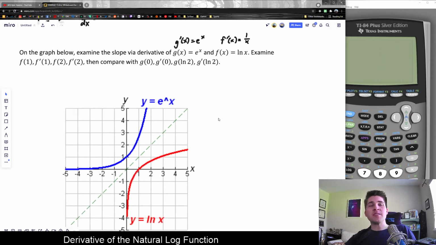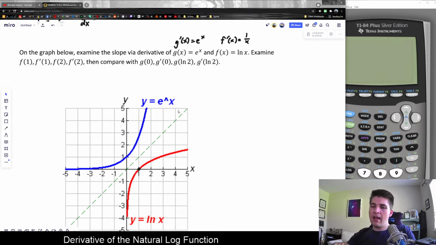What I wanted to explore is, let's say we were looking at functions and their derivatives and their values. So let's say we're looking at f of 1 or f of 0 and so forth. With f of 1, that would be the x-intercept for the logarithmic function.